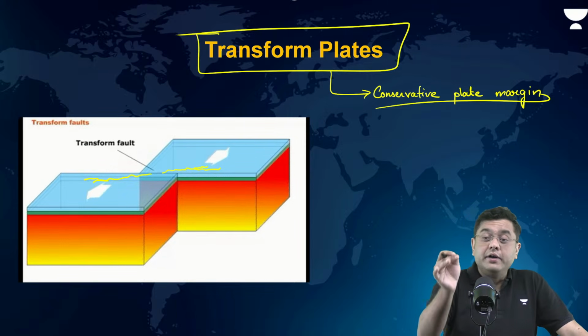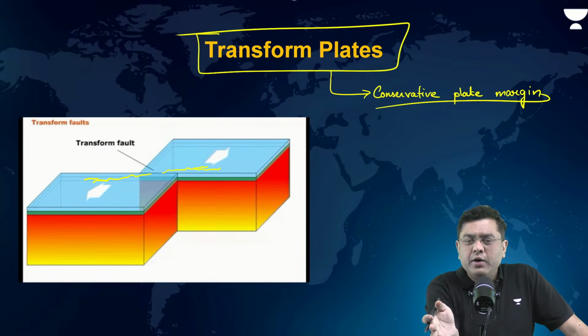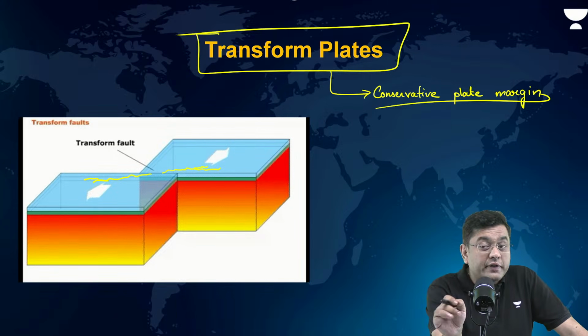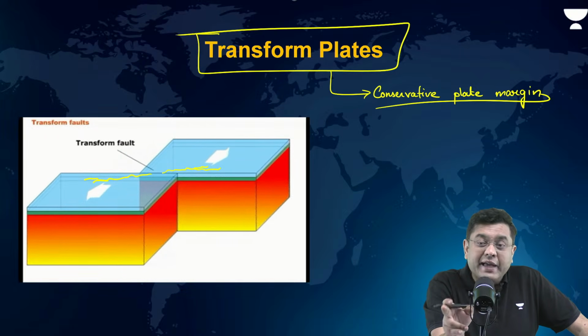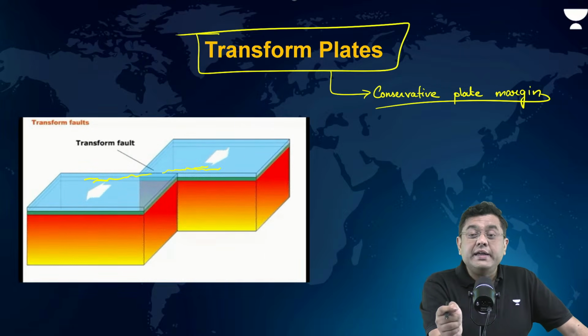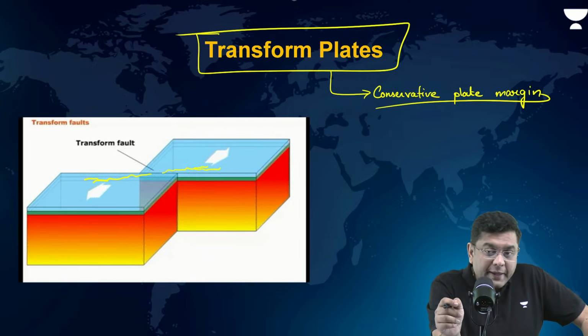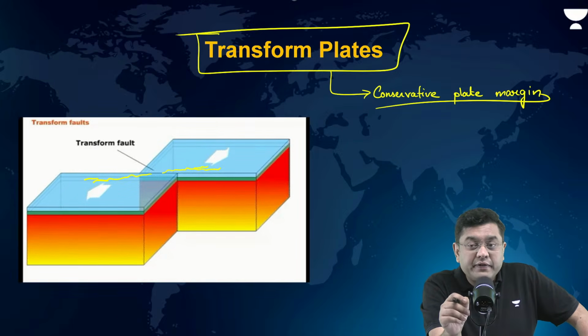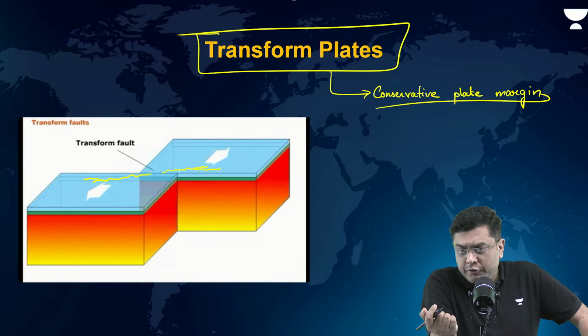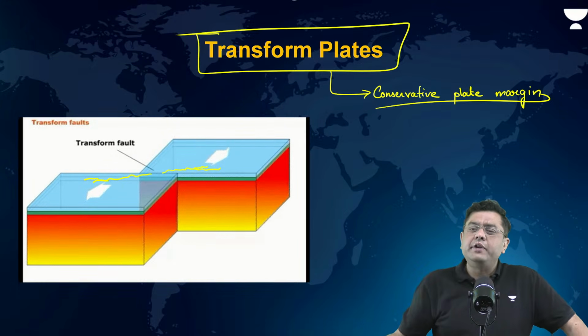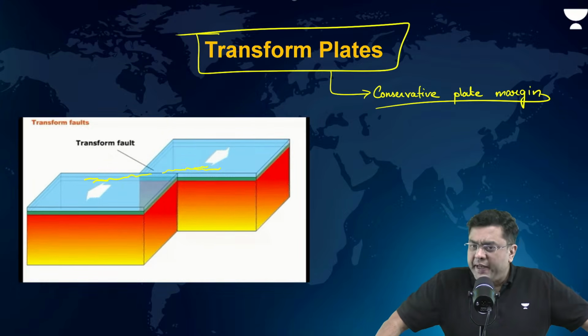The recent earthquake in Venezuela was a consequence of this kind of movement. Earthquakes in the region of California, earthquakes in the region of Turkey, all of them are created because of these kinds of faults, what are known as transform faults, because they are created due to transform movement of plates.